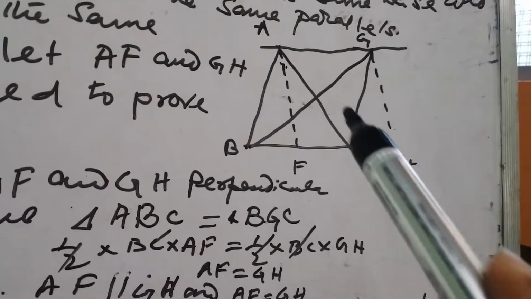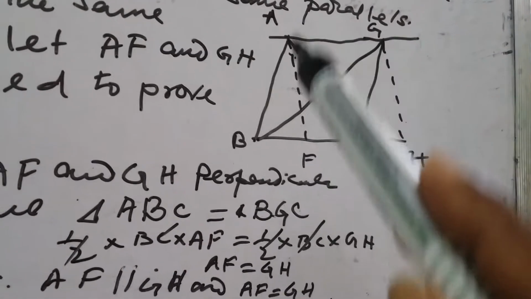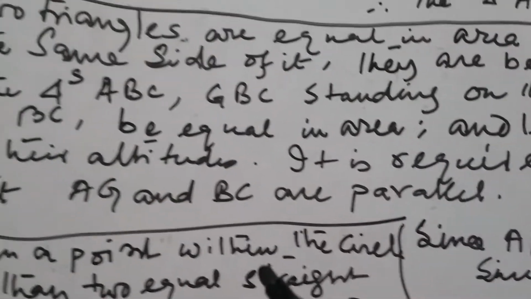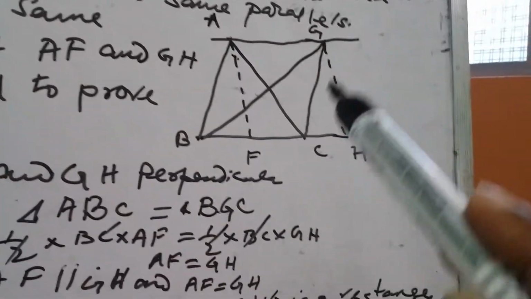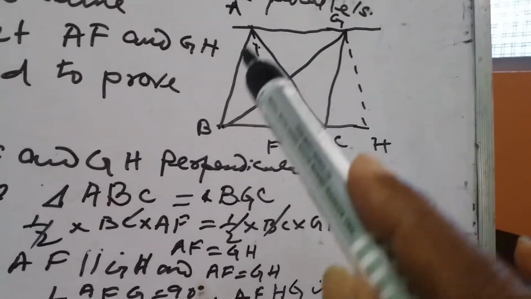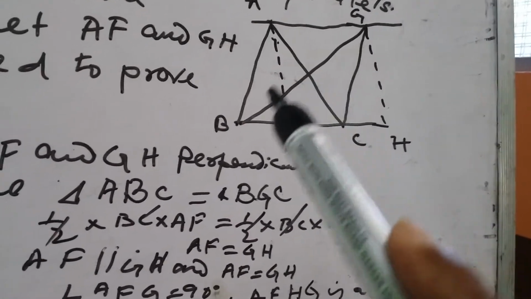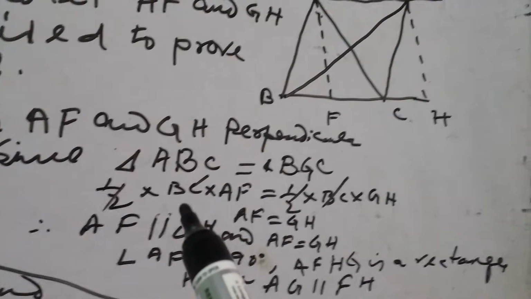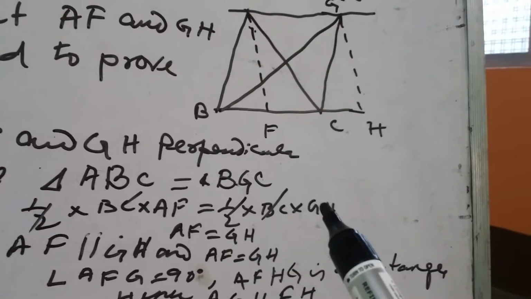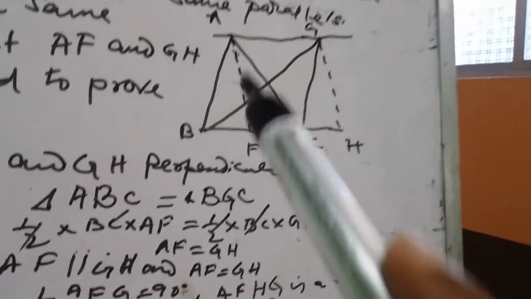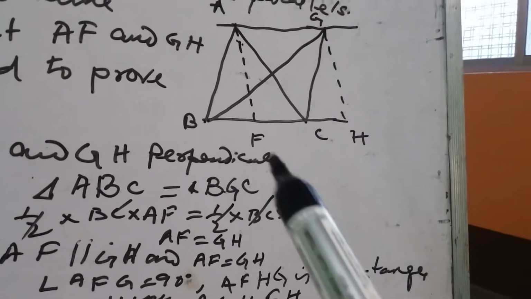Now draw two perpendiculars. Since ABC and GBC have the same area, half into base into height, half into BC, hence AF and GH are equal.